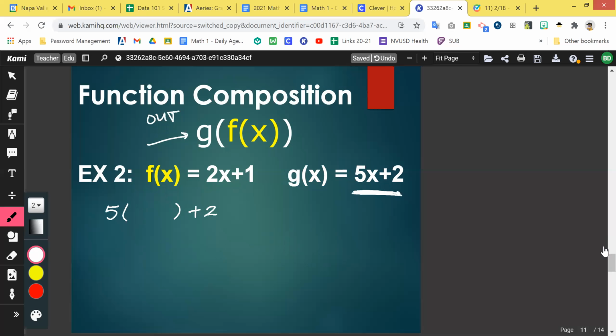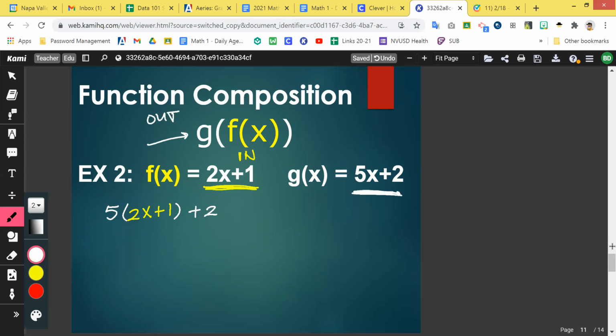Now I'm literally looking at what's inside the function. So f is inside. So that means I'm going to put this function inside the parentheses, because this is the function for f. So 2x plus 1 goes in the parentheses.